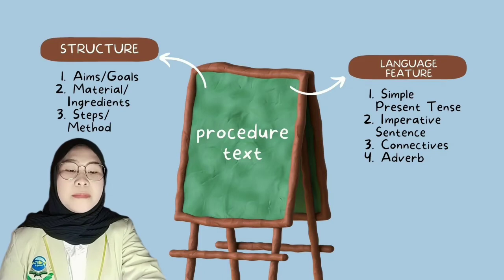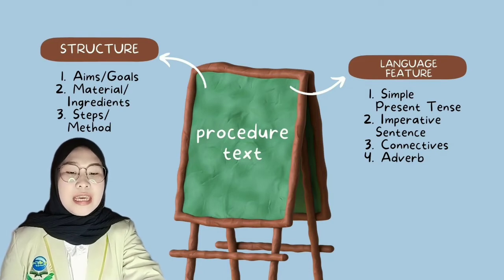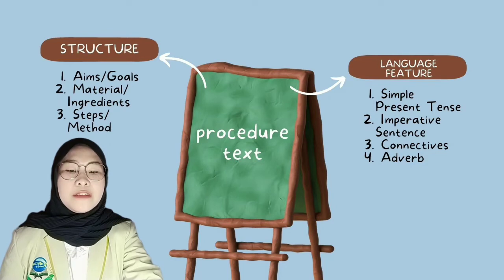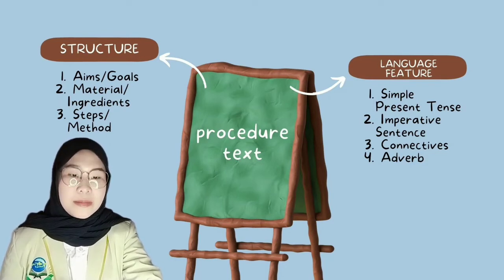What are imperative sentences? In procedure text, imperative sentences are always preceded by verb 1 from an action verb. So we don't need to use a subject at the beginning of the sentence.